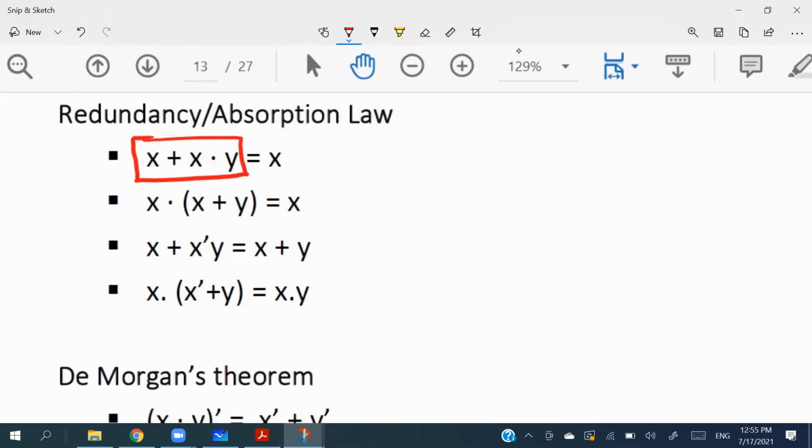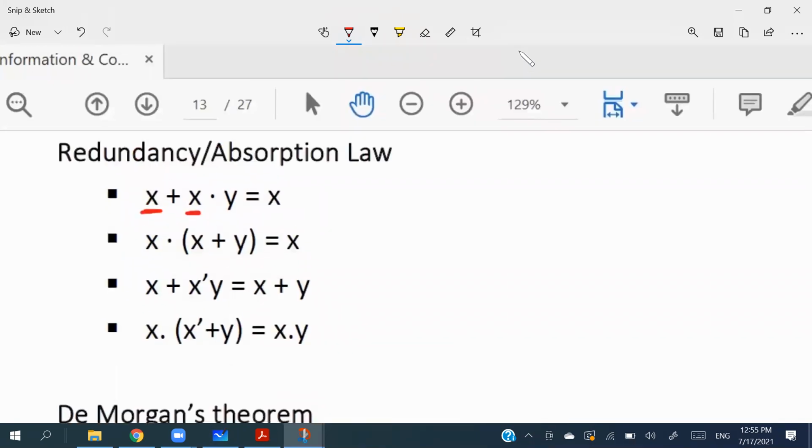Now you can see this x variable is in both the terms. So what we can do is write x plus x dot y.